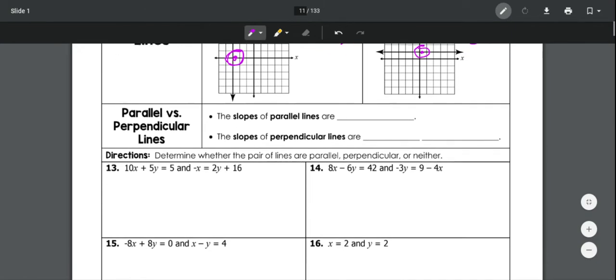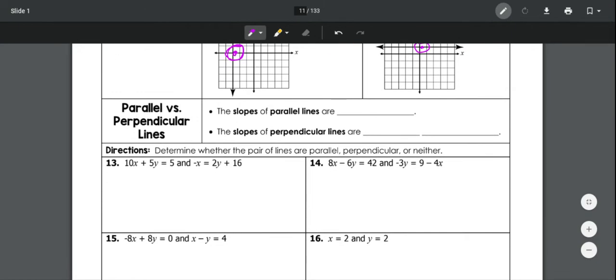All right, and then parallel versus perpendicular. So the slopes of parallel lines are the same or equal. So if you have parallel lines, their slopes are going to be identical. And if you have perpendicular lines, their slopes are negative reciprocals.